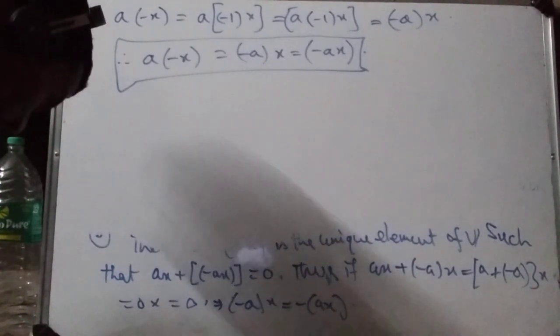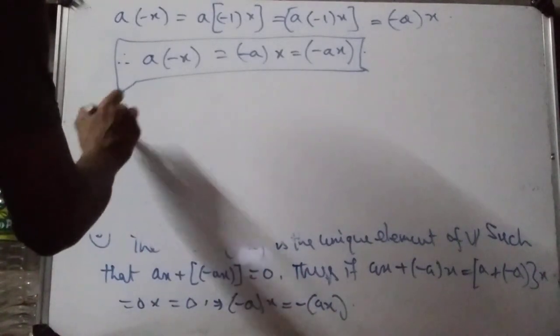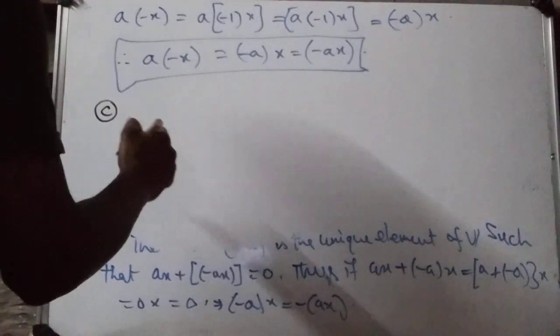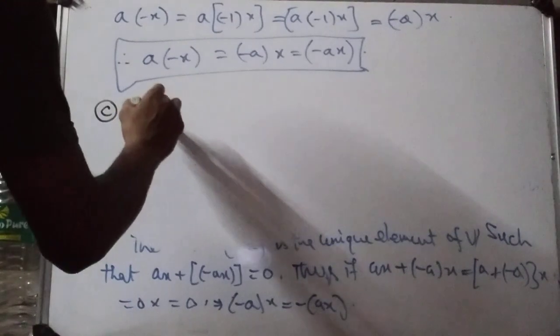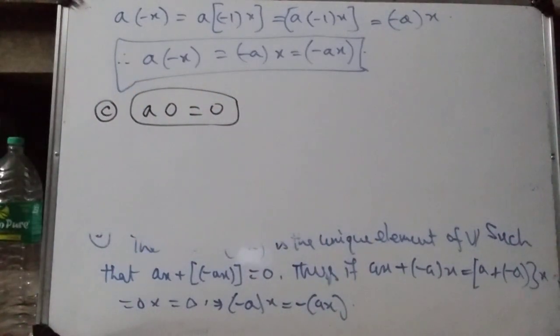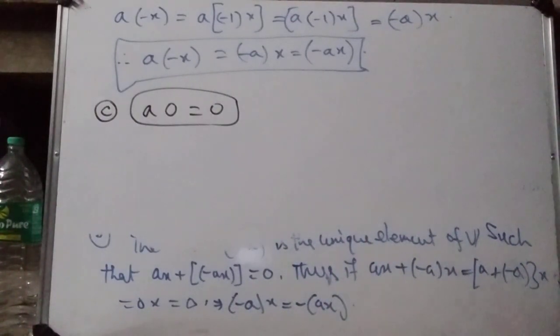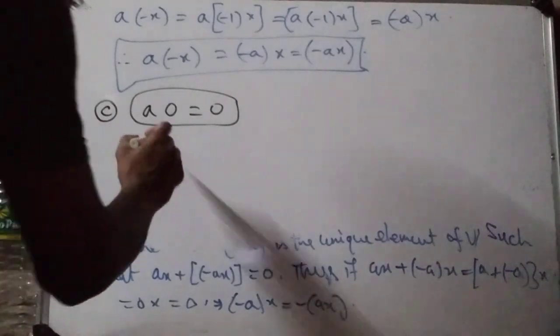Now we go to the last portion, C. Given that a0 equals 0, we have to prove this. a multiplied by 0 equals 0, that means a times 0.